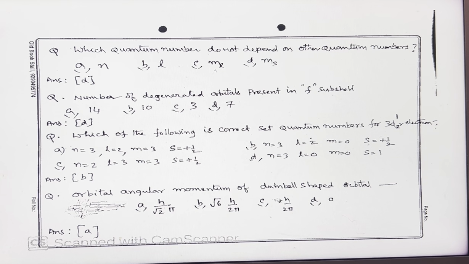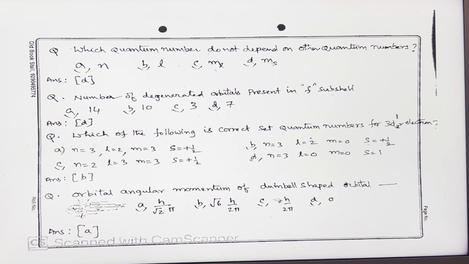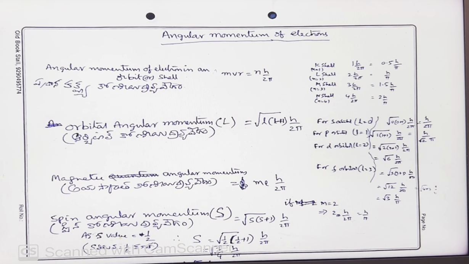So, root 2 h by 2 pi is the answer. You can also write h by 2 pi as h by root 2 pi: root 2 into root 2 is 2, one root is cancelled out, giving h by root 2 pi. So, this is the thing.